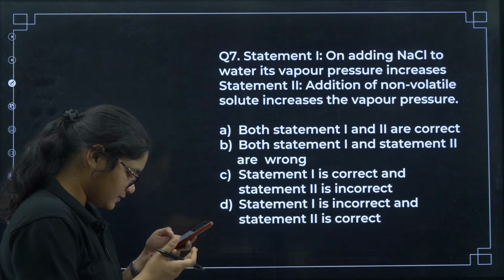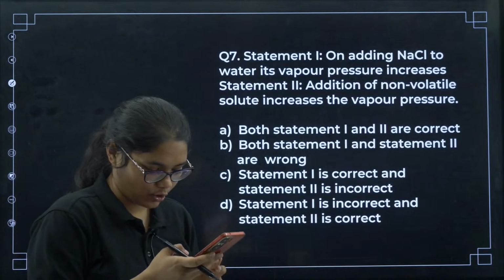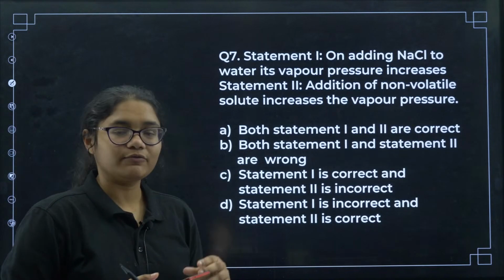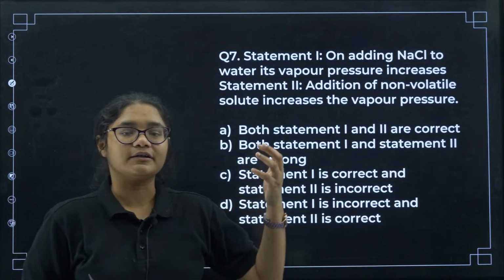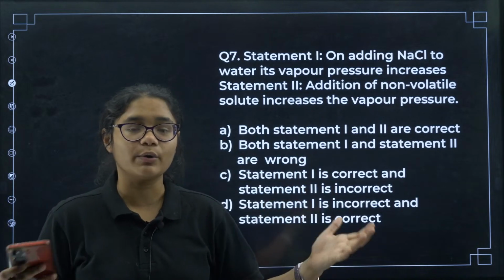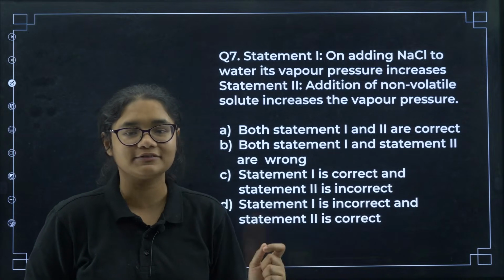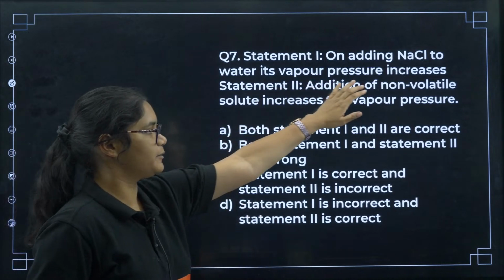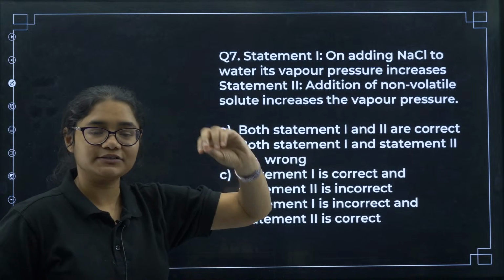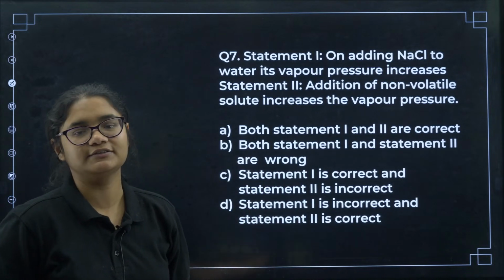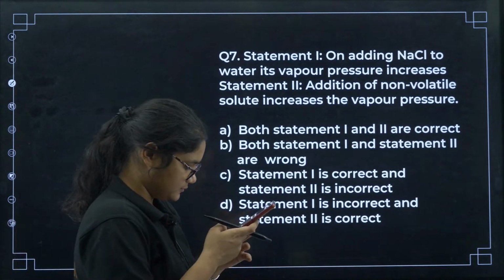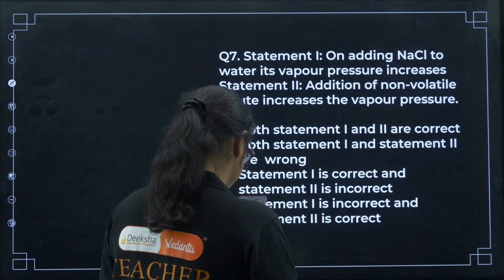Karthik, you are giving very wrong answers. See, we have read about relative lowering of vapor pressure when the solute is added. Vapor pressure will always decrease when you add any solute. How can you say that the vapor pressure will increase? So 7A is absolutely wrong.